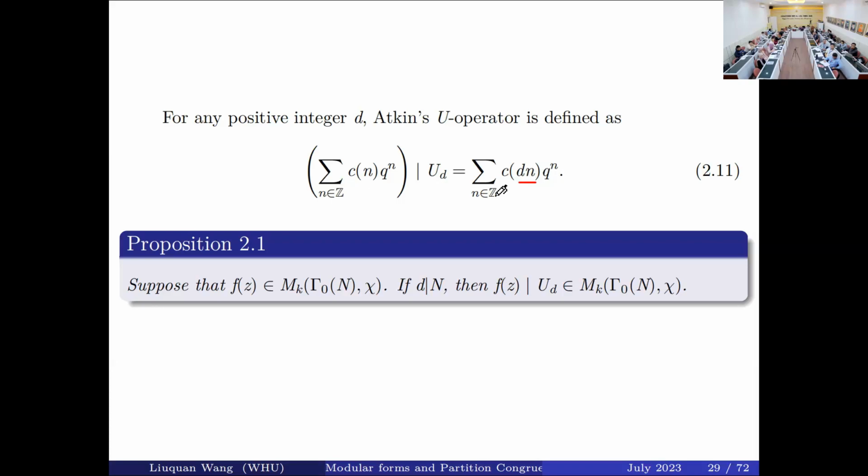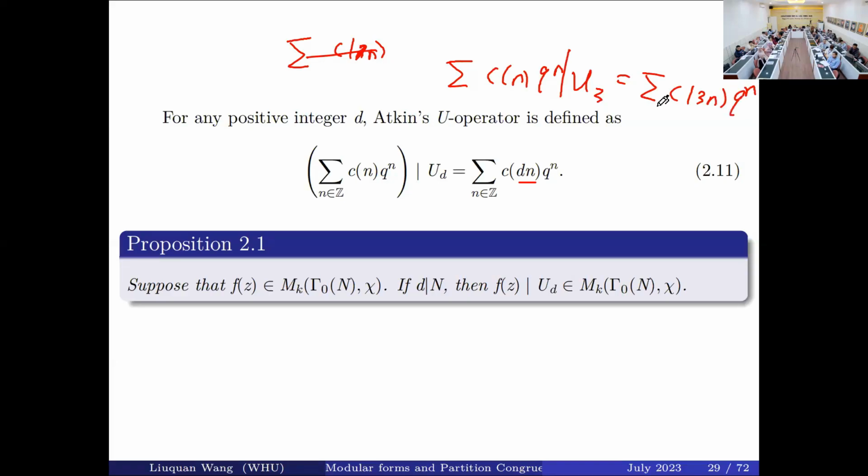So this is the definition. For example, if you have such a sequence and you act with U_3, then you just pick out this part, c(3n) times q to the nth power.